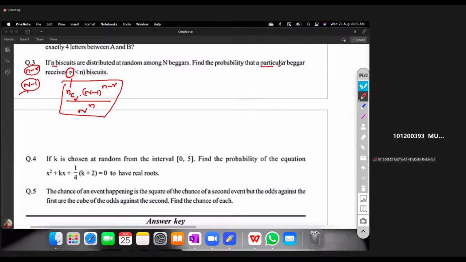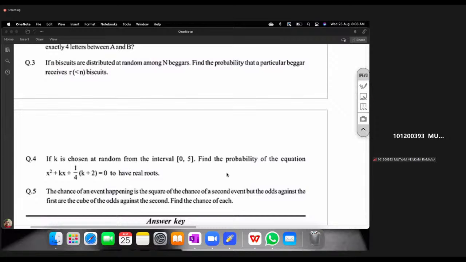A particular beggar is there, but if instead of particular we find the probability that any one beggar gets this, you need to select NC1 also. But it is a particular beggar, so this is not required. And moving to the next question.